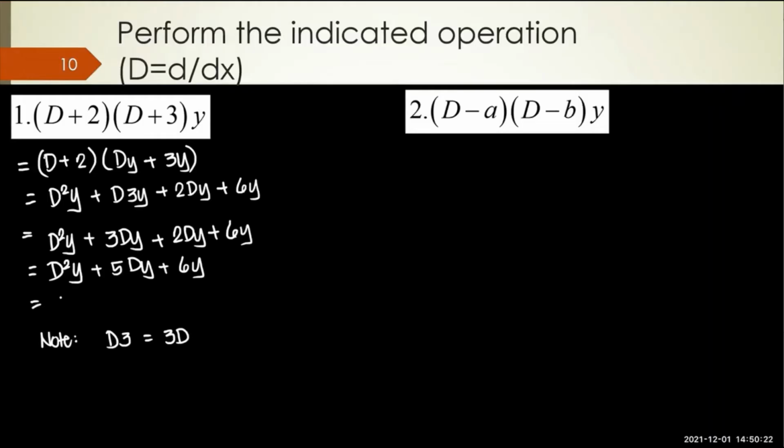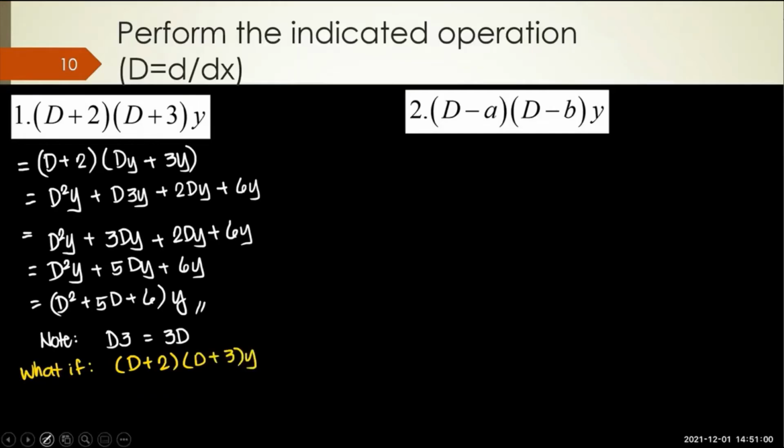So I can say the second derivative plus 5 times the first derivative plus 6 times y. I start with the inside first, or the two left terms first. What if what I do is this?